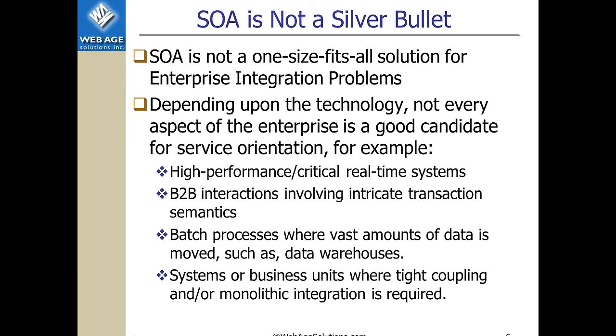Other things like batch processing in data warehouses, and wherever there is an existing tight coupling between systems and businesses that is not really worthwhile or does not easily lend itself to effective transformation into an SOA system. And sometimes it just would be a good idea to keep things as they are.